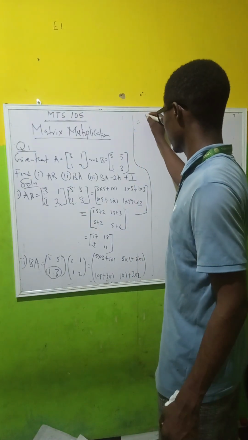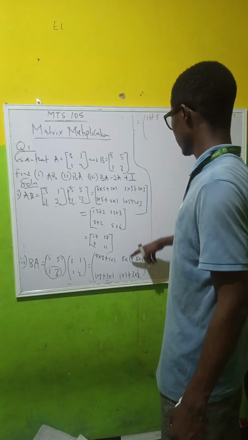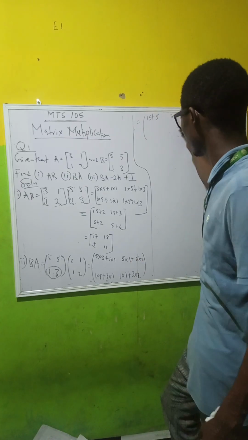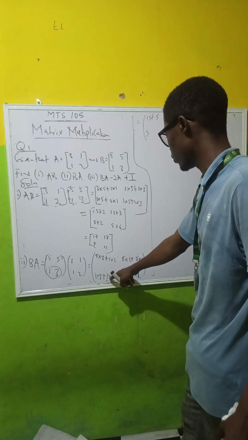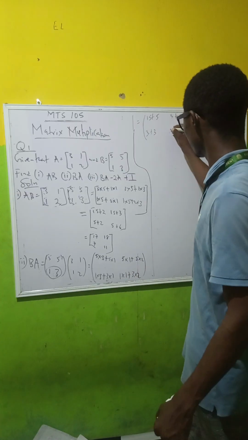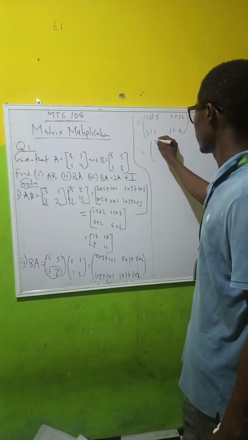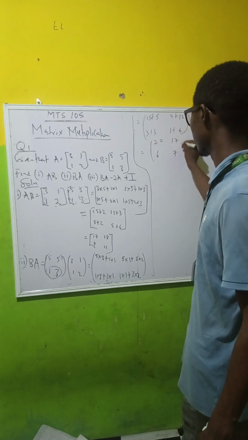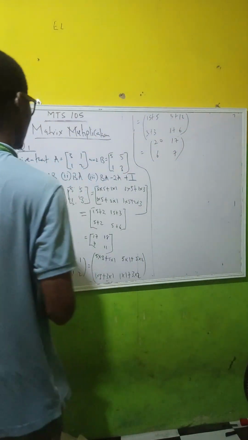That will be equals to 15 plus 5, 5 plus 12. This one is 3 plus 3, and this one is 1 plus 6. That is 26, 17, and 7. Alright, so that's our answer.